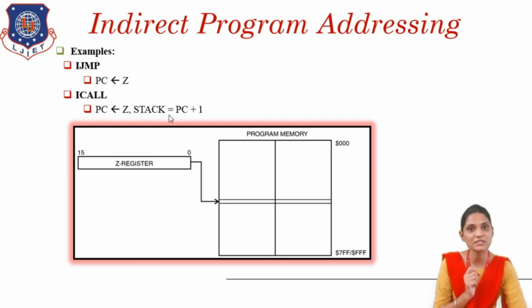So we are storing this value of PC plus 1 to the stack. Okay, so this is the indirect program addressing mode, where you can access the program memory indirectly, where we have stored our address in the Z register or some other register.